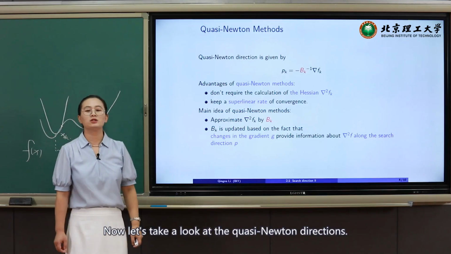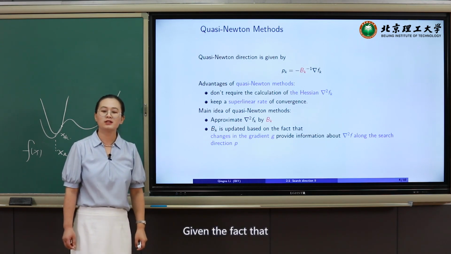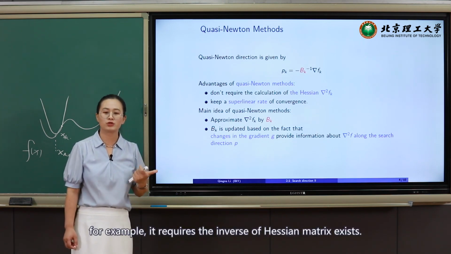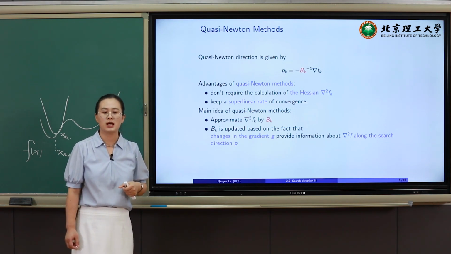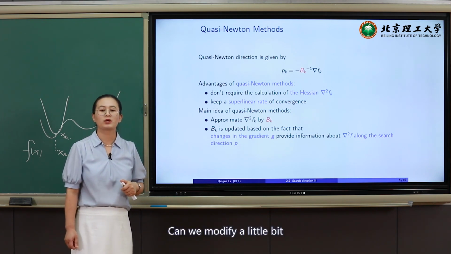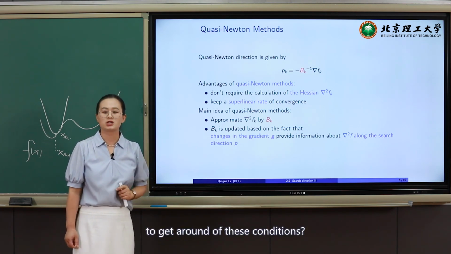Now, let's take a look at the quasi-Newton directions. Given that Newton's direction has a lot of requirements, for example, it requires that the inverse of the Hessian matrix exists, and also that the Hessian matrix must be positive definite, can we modify it a little bit to get around these conditions?